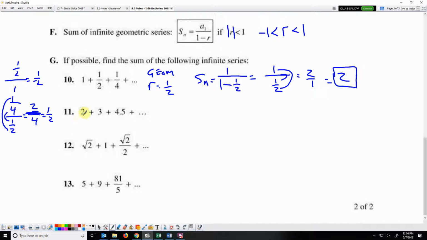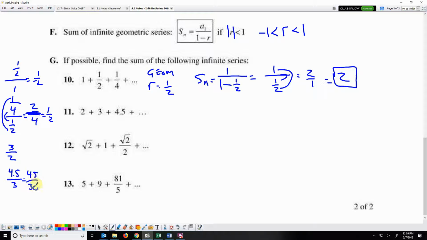Okay, so this next one, we're going up by 1, then up by 1.5. So it looks like it's going to be geometric again. The first division is 3 over 2, which does not simplify. The second division is 4.5 over 3, which is the same as 45 over 30.